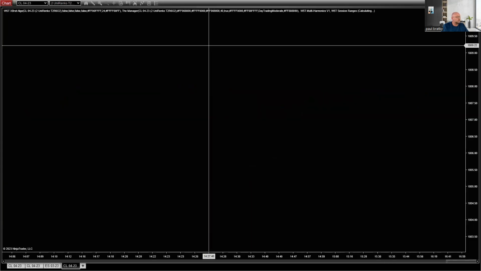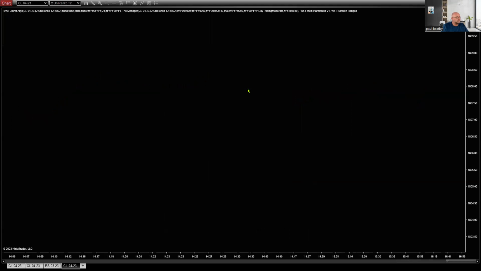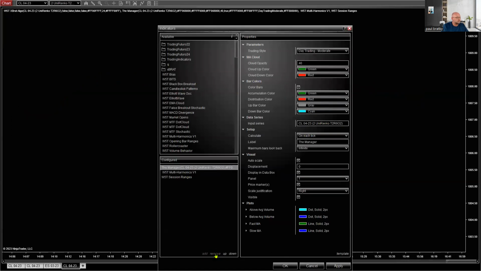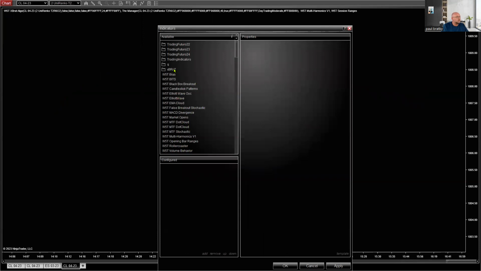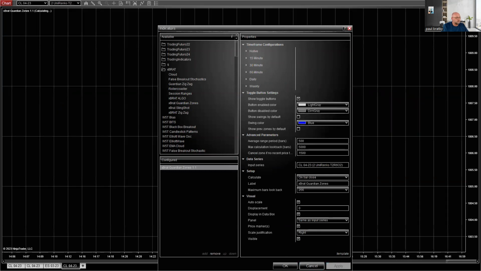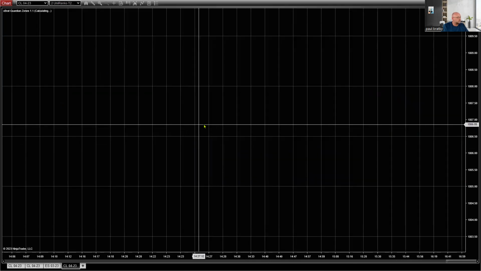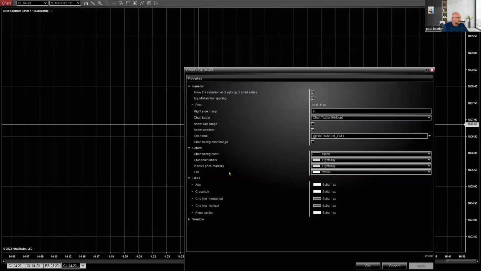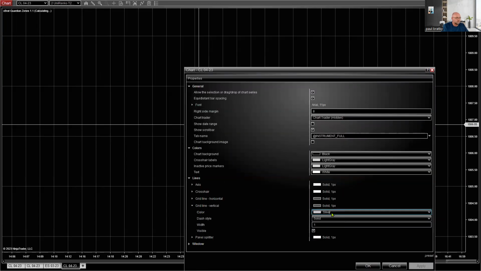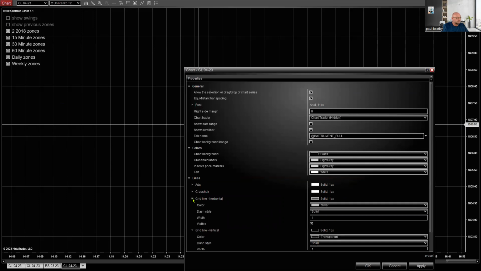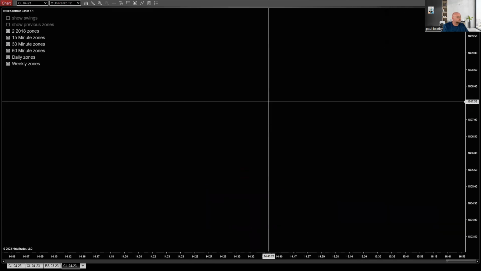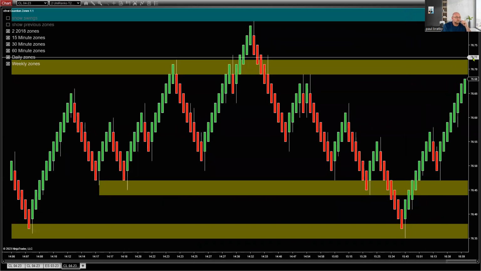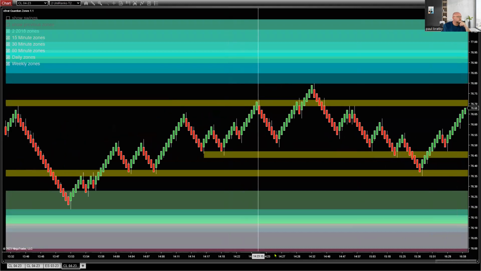Okay. Get rid of all these indicators and volume zones. Ooh, there's the grid. Okay, there's the 226.